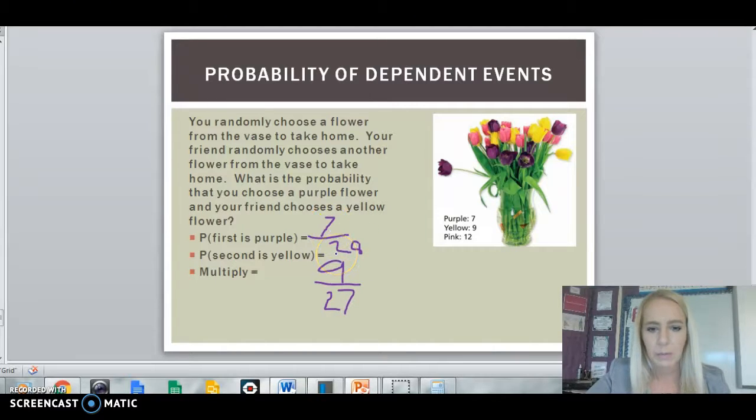Both of these can be reduced. 7 out of 28 is the same thing as 1/4. And 9 out of 27 is the same as 1/3. So 1/4 times 1/3 is 1/12. So there's a 1 out of 12 probability that you will pick a purple and your friend will pick a yellow flower.